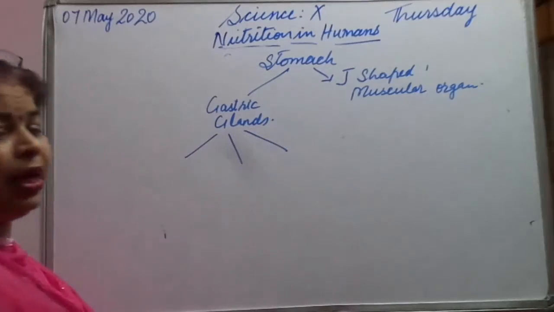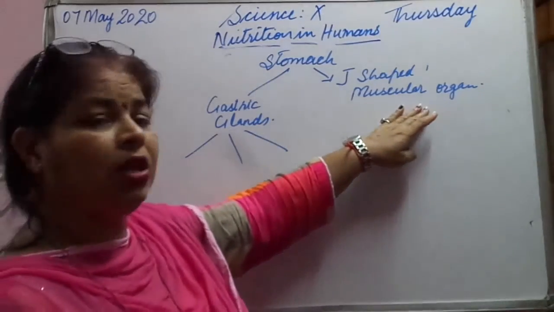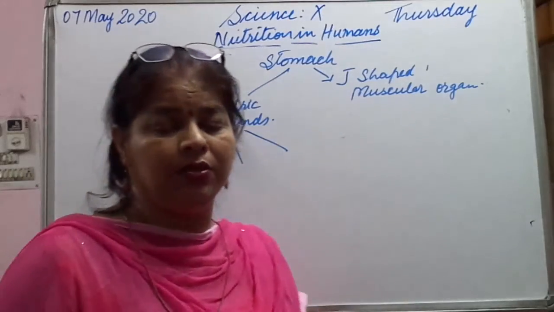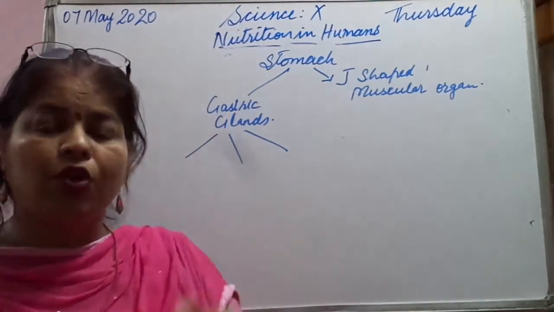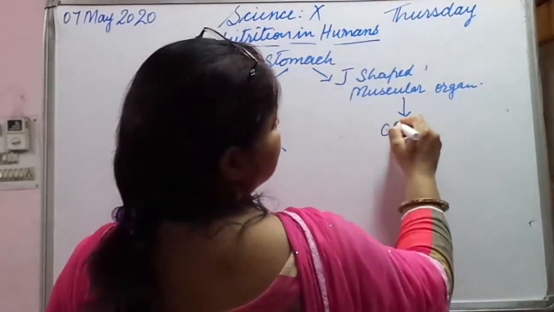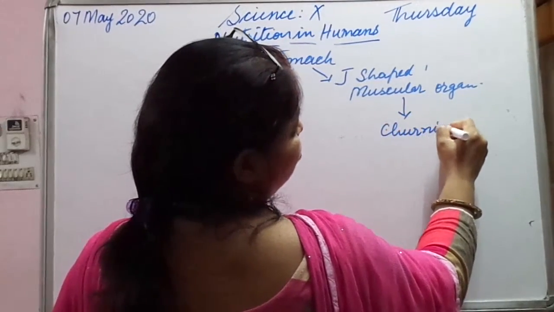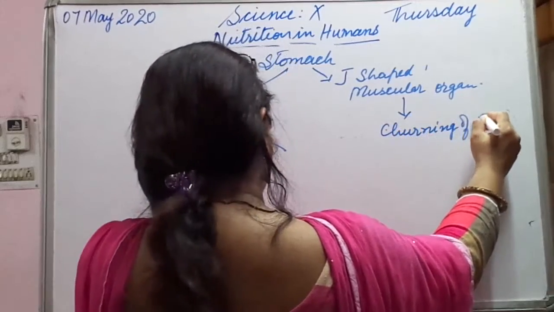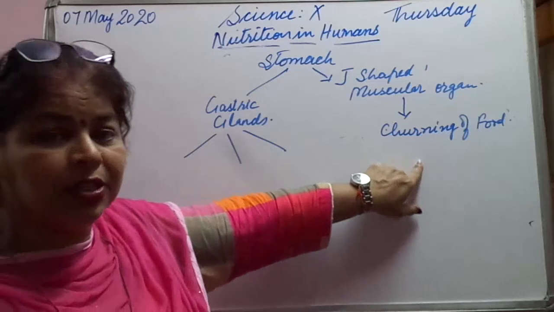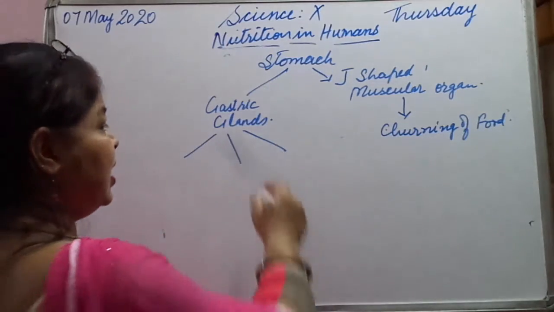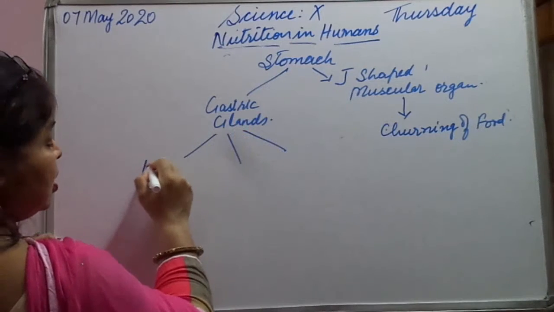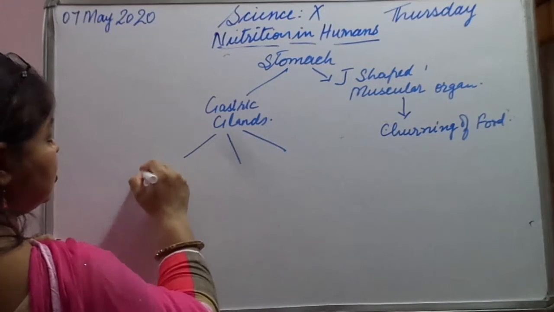Besides this, what happens to the food when it enters into the stomach? The muscular wall of the stomach helps in churning of food. Means the food is crushed. Okay, churning of food takes place, and besides that, gastric juice is released, which contains mucus.